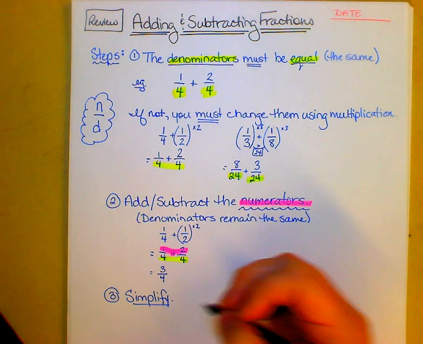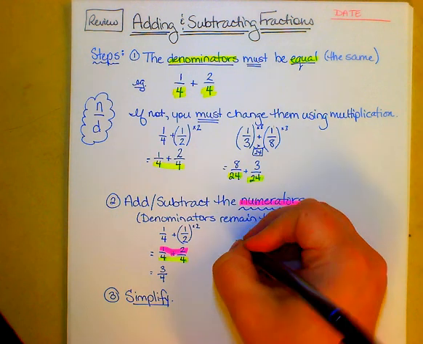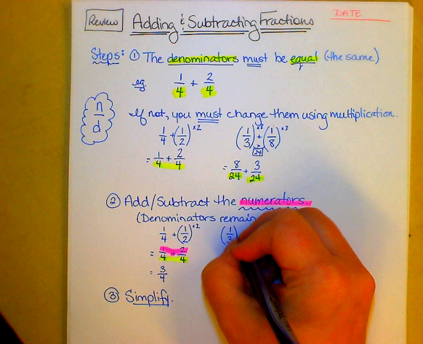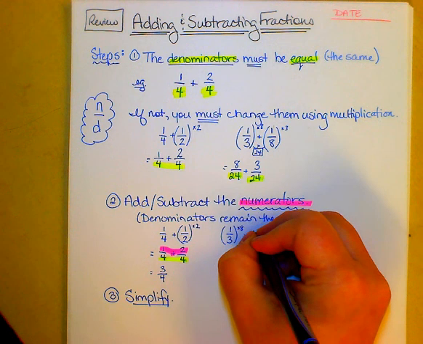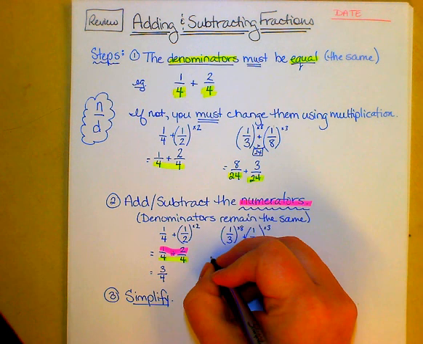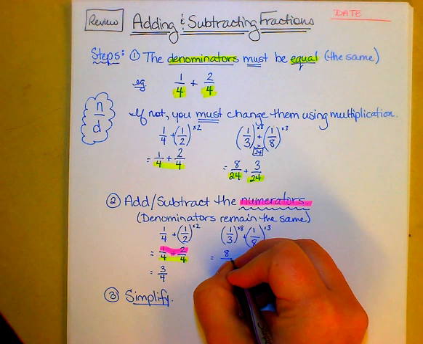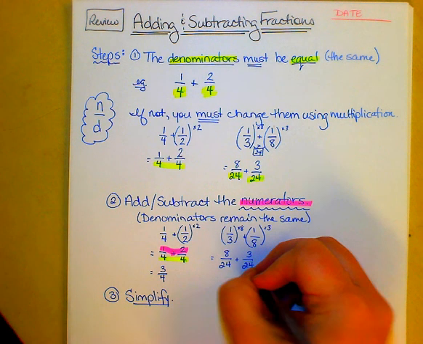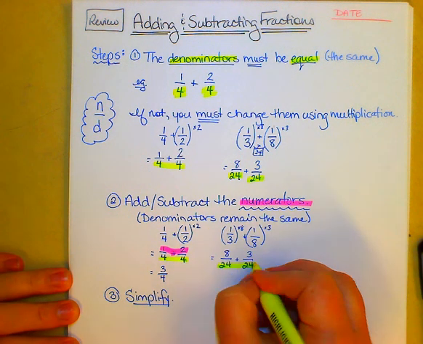Let's look at my other example. I started off with 1/3, which I multiplied by 8, added to 1/8, which I multiplied by 3. And I left off with 8 over 24 plus 3 over 24. The same denominators.